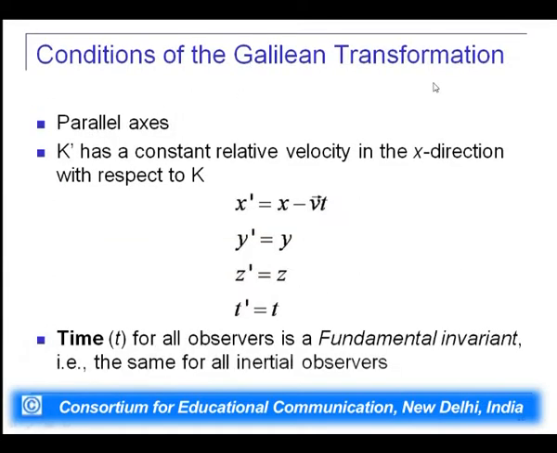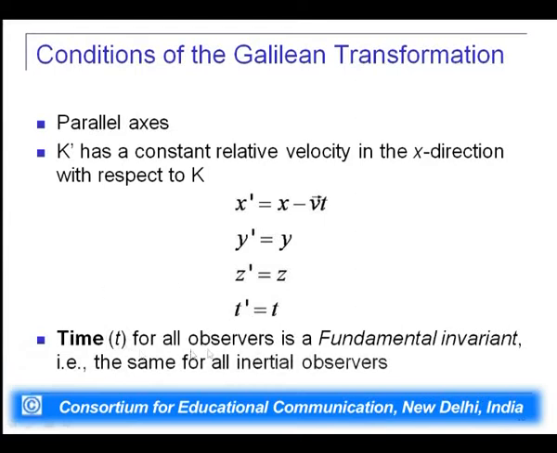Condition of the Galilean transformation. Here we define the parallel axes: the frames are moving parallel, and k dash has a constant relative velocity in the x direction with respect to k. So the coordinate x dash is converted into x minus vt, y dash is converted into y, z dash is equal to z, and t dash is equal to t, because these planes are all parallel to each other.